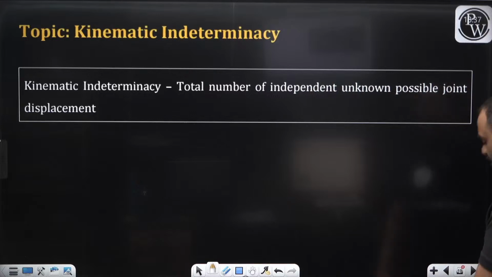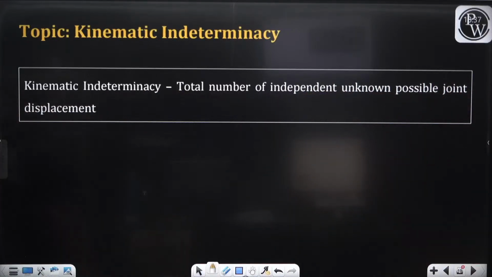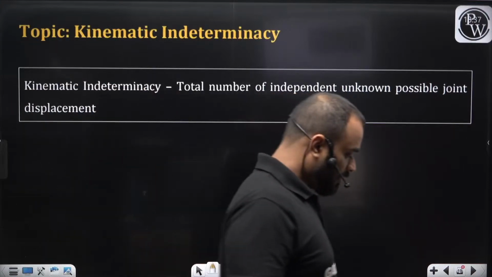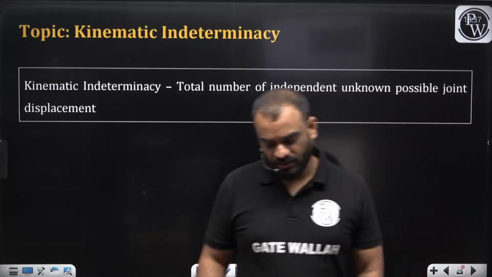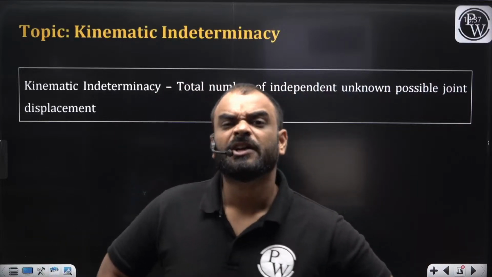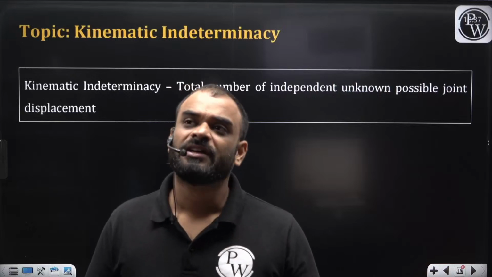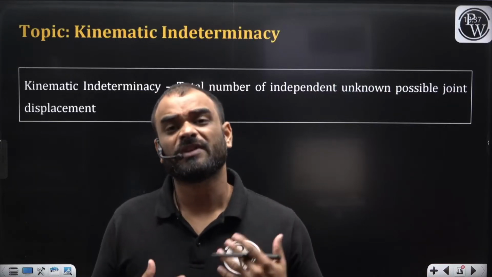So let's start our new topic, which is basically the kinematic indeterminacy. In the first lecture, we discussed the indeterminacy part. What is indeterminacy for a structure? It is basically the total number of unknowns present in a structure.